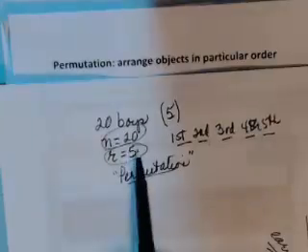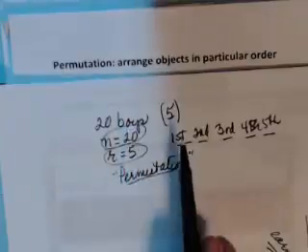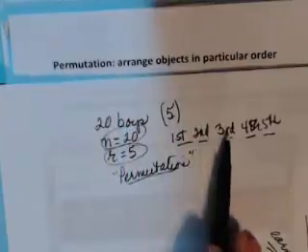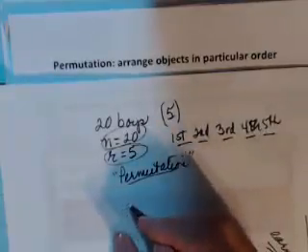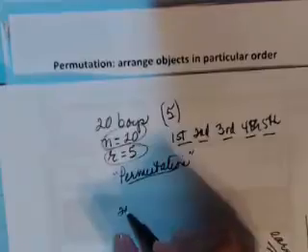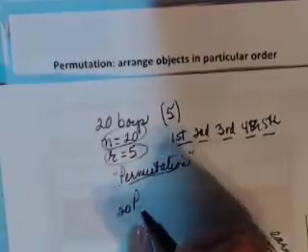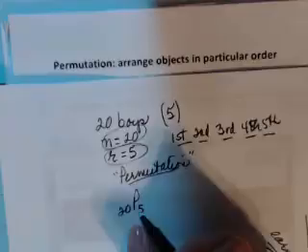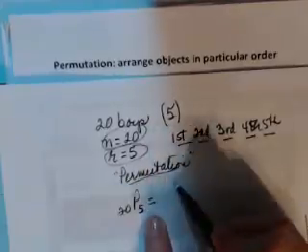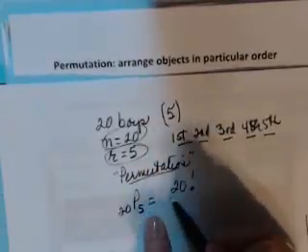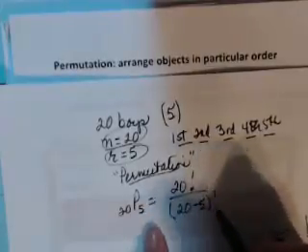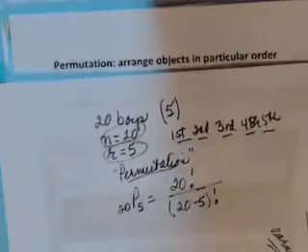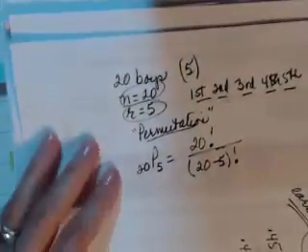So I'm going to take these 5 boys that I choose out of 20, and I'm going to place them in first, second, third, fourth, and fifth. So the formula, n, which is 20, r, which is 5, is equal to 20 factorial over 20 minus 5 factorial.